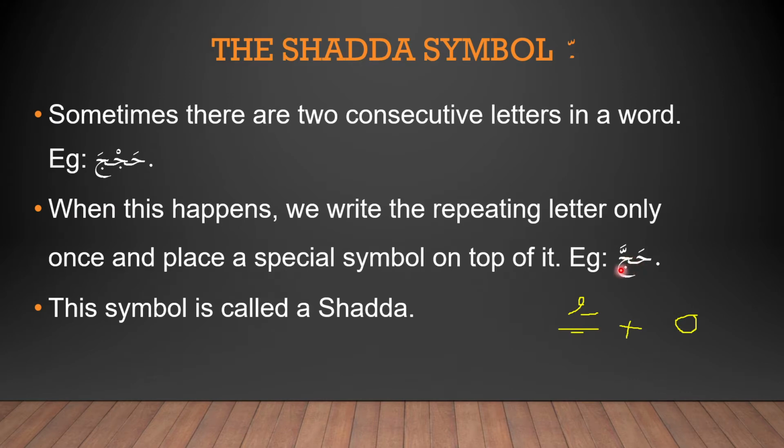So Hajj is now syllable type 3. But when we add the fatha on top of it or any other vowel, it becomes syllable type 1. So it's syllable type 3 plus syllable type 1. This is what happens in a Shadda.